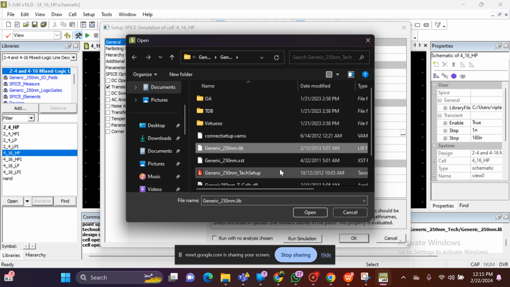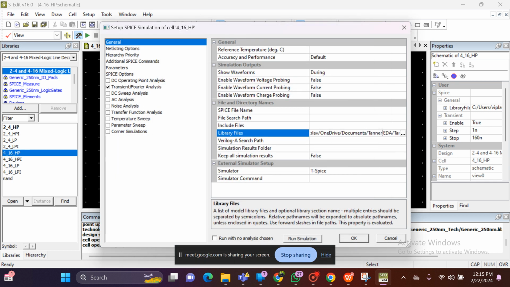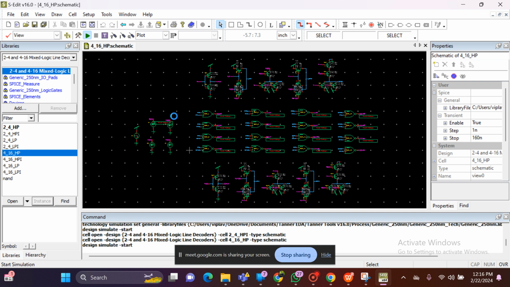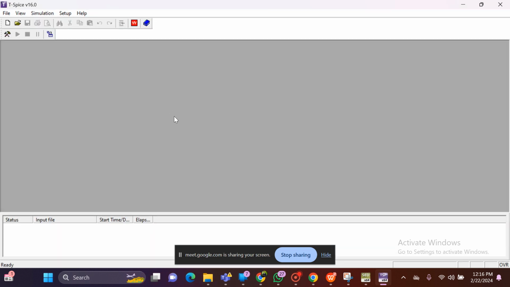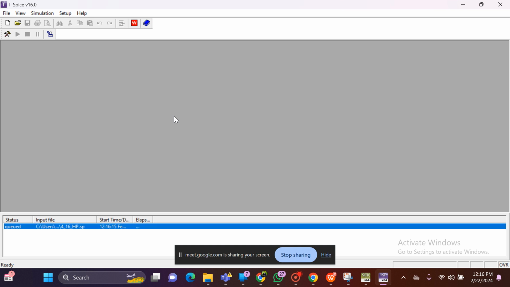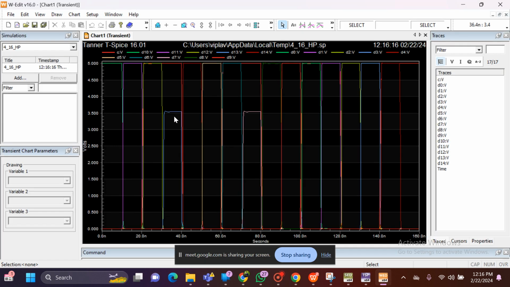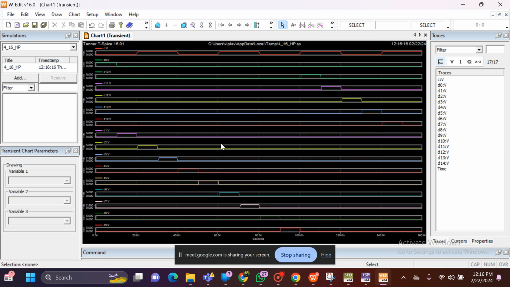Then you need to take generic 250 number. TT, click OK. So see, since inputs are fewer and outputs are more, we get it like this. D1, so all are getting enabled at only one time. Okay.